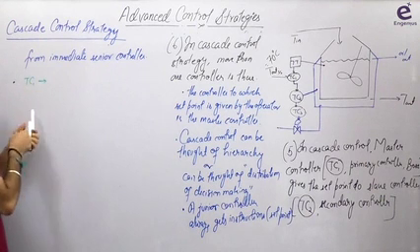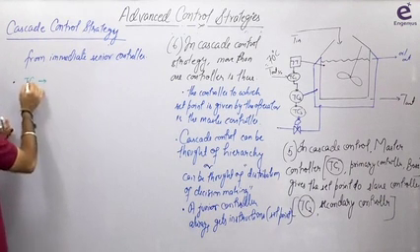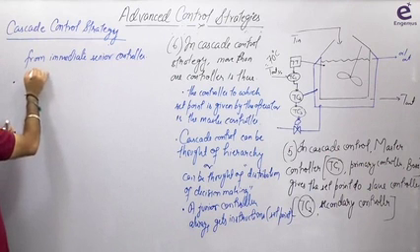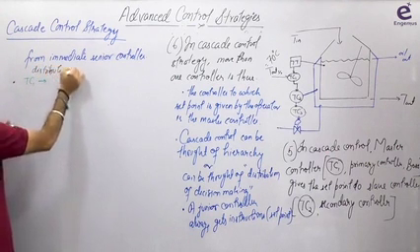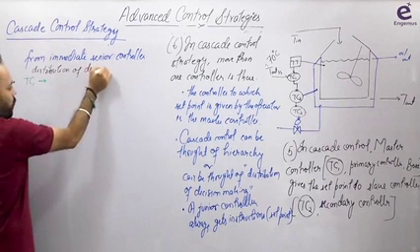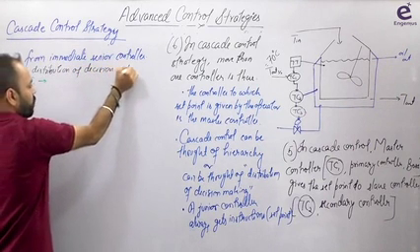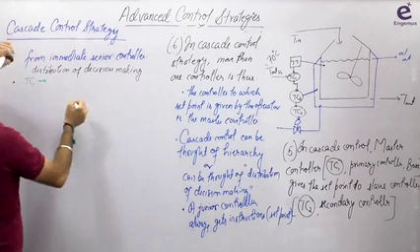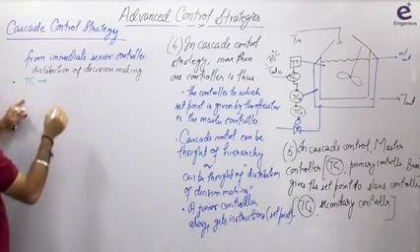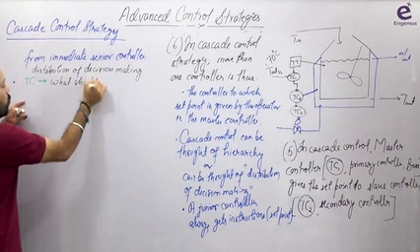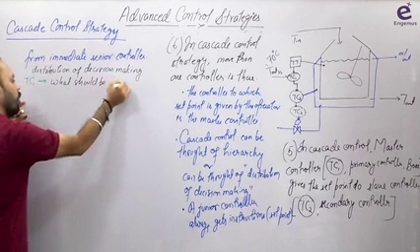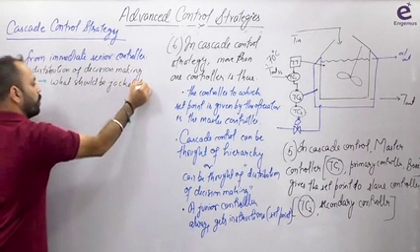आपको इसलिए लिख दे रहा हूं ताकि जब आप रिवाइज करो तो आपको याद आ जाए. In cascading, distribution of decision making, let's write here distribution of decision making. What is the meaning when I say distribution of decision making? That TC1 only takes one decision, that what should be jacket temperature.